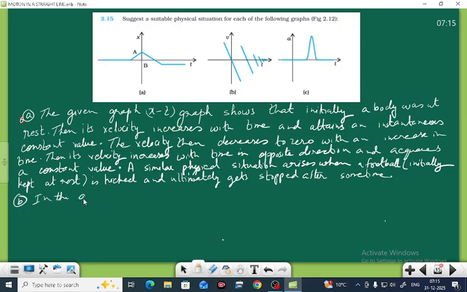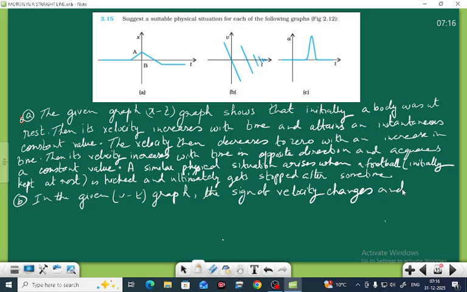In the given vt graph, the sign of velocity changes, and its magnitude decreases with the passage of time.